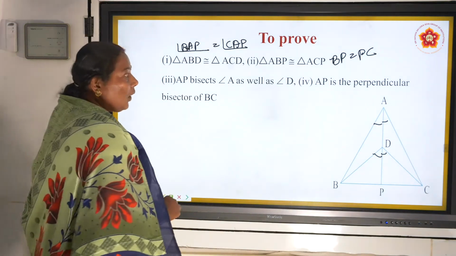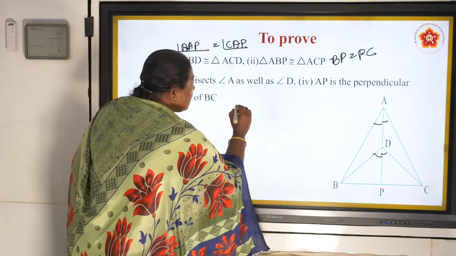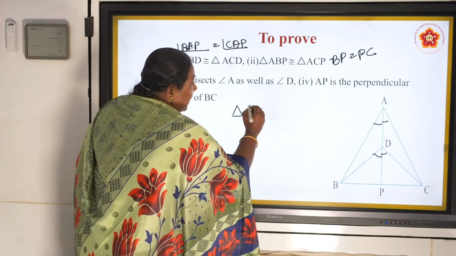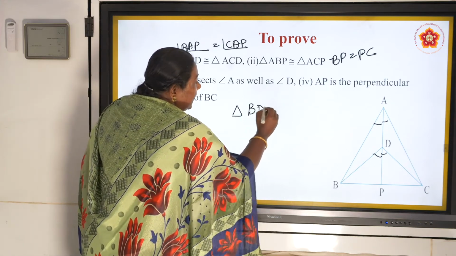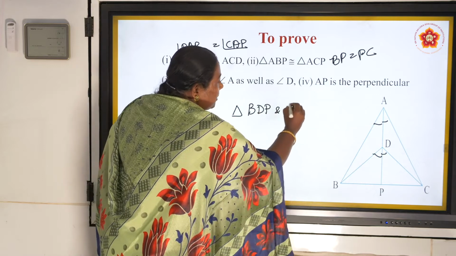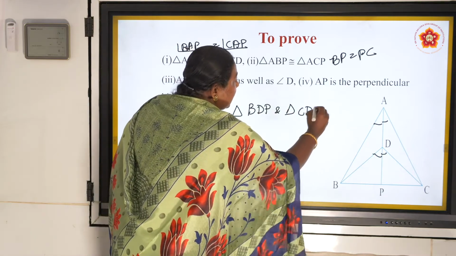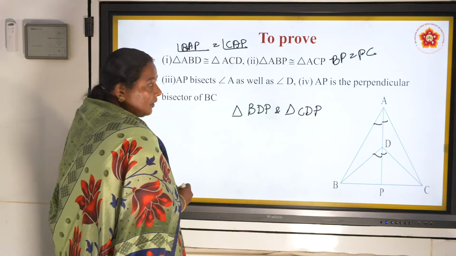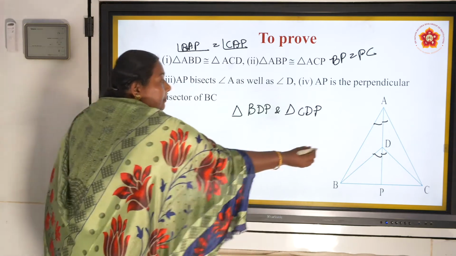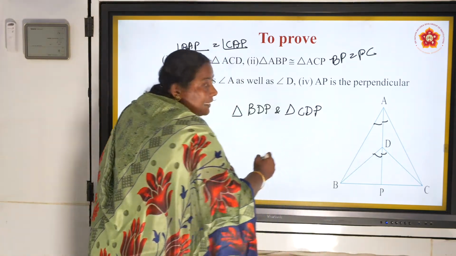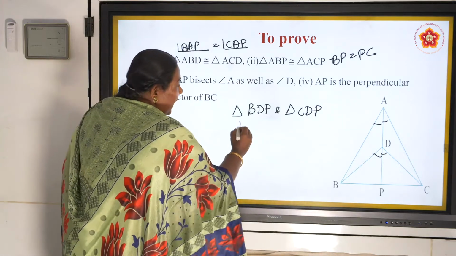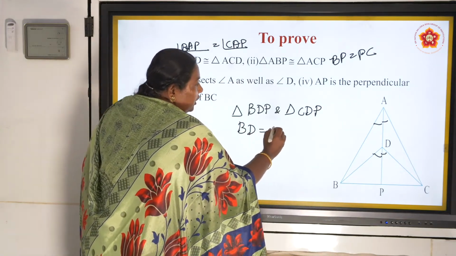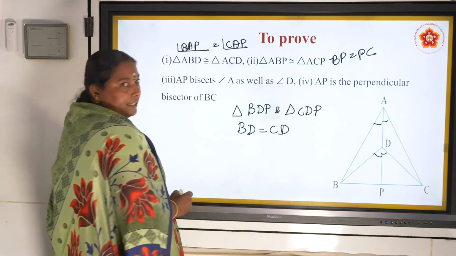For that, what are we going to take? Triangle BDP and triangle CDP. Okay, since BDC is an isosceles triangle, we have BD is equal to CD already.